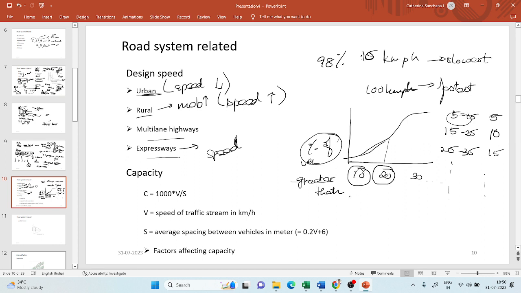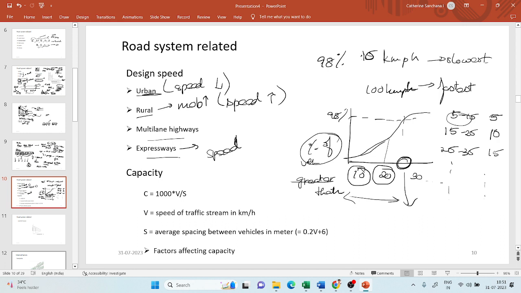And this is the speed of the vehicles. Now you will pick the 98th percentile here, and the speed corresponding to this 98th percentile is the speed for which you will design the highways, the road. This is the design speed, and it also has a very important role in the geometric design of highways, of your pavement.